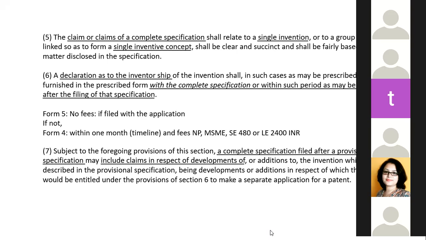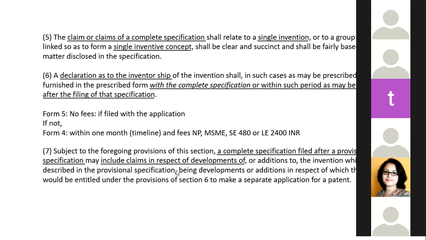I'm explaining section 10, subsection 7 again. Let us read this again. Subject to the foregoing provision of this section, a complete specification filed after the provisional specification may include claim in respect of developments or additions to the invention which was described in the provisional specification.